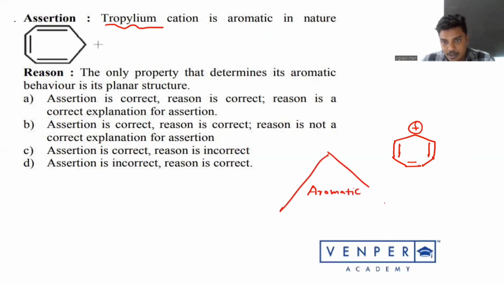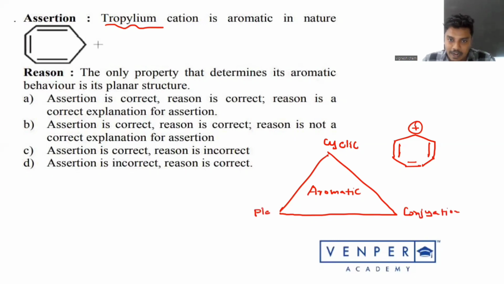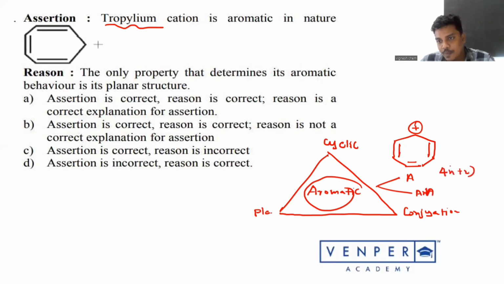First, the molecule must be cyclic. Second condition, conjugation, very, very important. And the third condition, it should be planar. Planar and obey aromaticity. One is aromatic, one is anti-aromatic. What is aromatic? 4n plus 2 pi electrons is aromatic, 4n pi electrons is anti-aromatic, right?